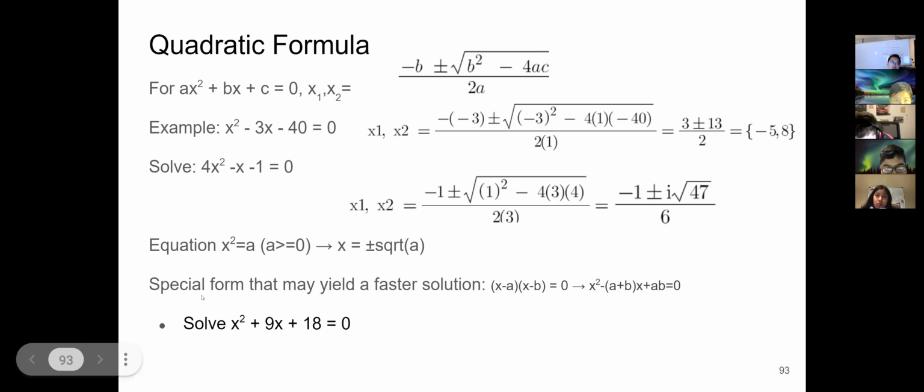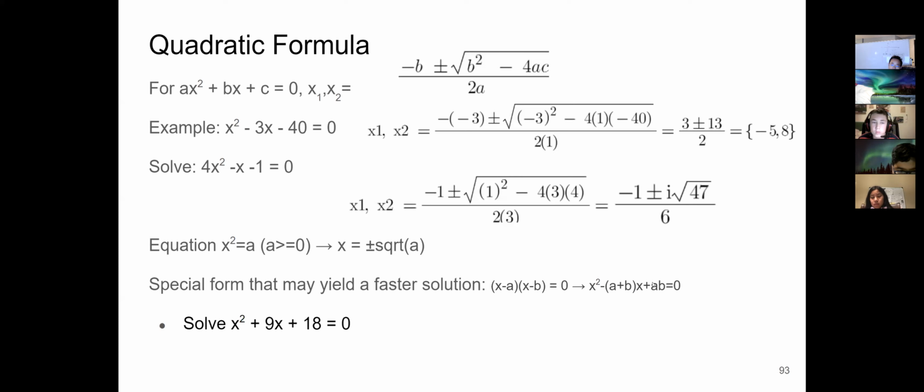Another possible case is when it's very obvious for you to transform the equation into something like this, and then you can quickly get the answer without using this formula. You can still use it, but it's more obvious when you see it this way. This happens specifically when the x coefficient and the constant have some kind of relation.